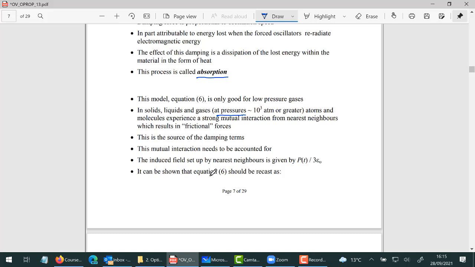If we have a dense material, then we need to worry about the internal electric field being produced by the electric dipole, and what effect that will have on its nearest neighbours. If the nearest neighbours of atoms or molecules are close enough, then they will experience not just the electric field of the light coming in, but also the dipole field of the atom itself being polarised.